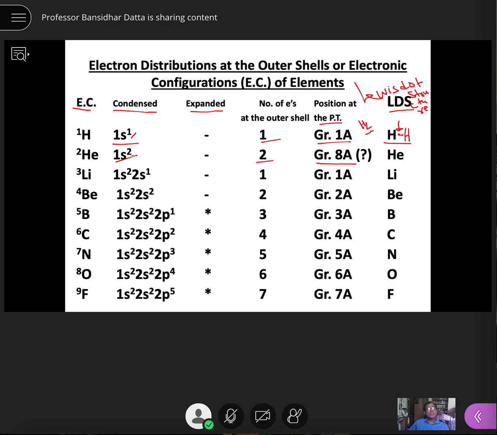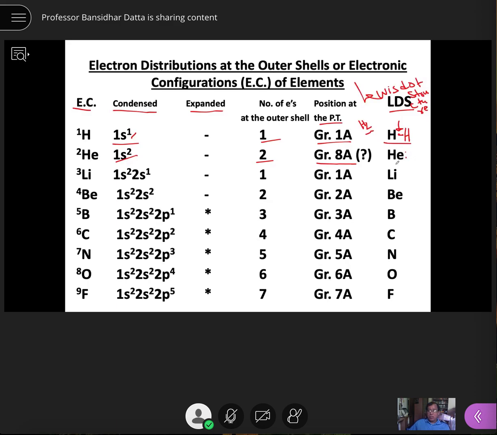The outer shell is completely filled up, and all the other noble gas elements have 8 electrons in the outer shell, as we'll get to very soon. That's why it is present in group 8A. Now, the Lewis dot structure will be 2 dots, 1 dot, another dot. That's it. With 2 dots they are pretty stable, spin paired. Therefore, they don't make any compound.